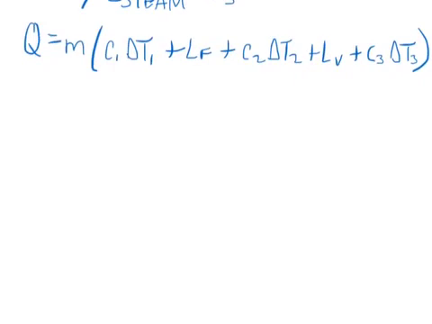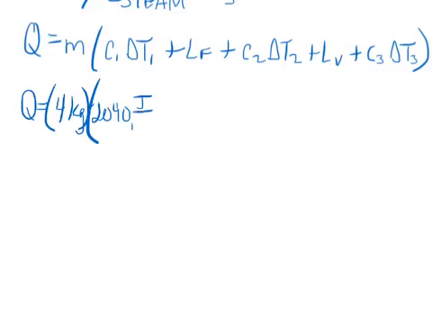So, using our given values, Q equals 4 kilograms to start. Units of C are going to be joules per kilogram degrees Celsius. The C of ice, as we said a minute ago, is 2.09 times 10 to the third, so we'll write that as 2090, and its units are joules per kilogram Celsius. Times the change in temperature.